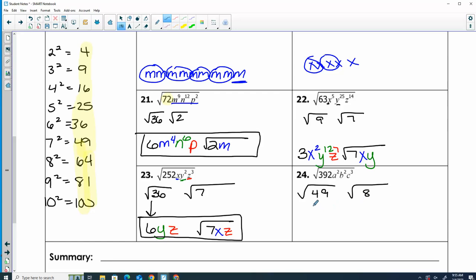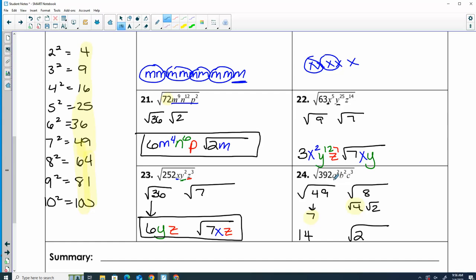So if I do that, the square root of 49 is 7. What do you notice about the square root of 8? We can break that down again. Okay, doesn't mean we're wrong, just means we didn't get the biggest perfect square, so we have to reduce again. The square root of 4 is 2 times the 7 we already have, so 2 times 7 is 14. 2 stays underneath.